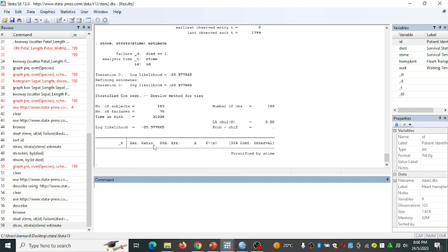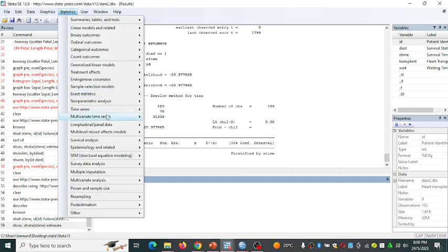what do you have here? Just a minute. You haven't inserted something here. My STATA is not responding. Well, let's repeat the process here.